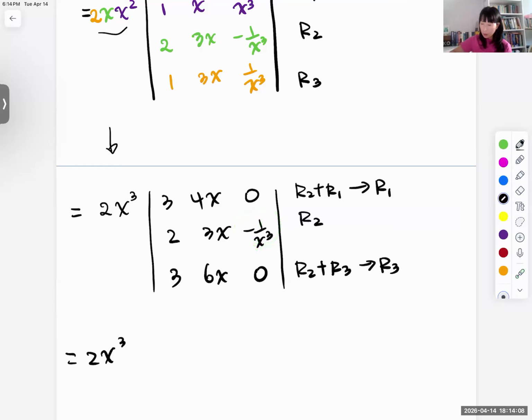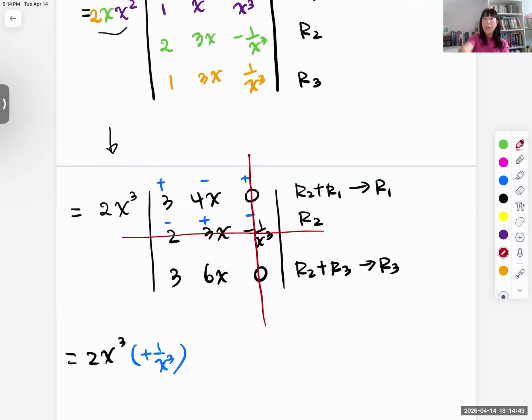So negative times negative is a positive 1 over x to the third power, right? Make sense? Then once we take this out, we cross out its row and column. That's a cofactor expansion, right?